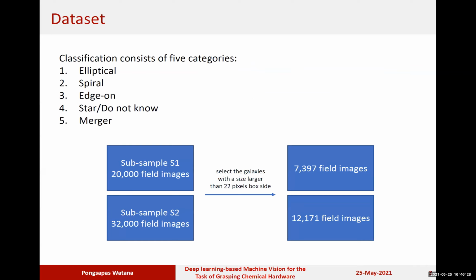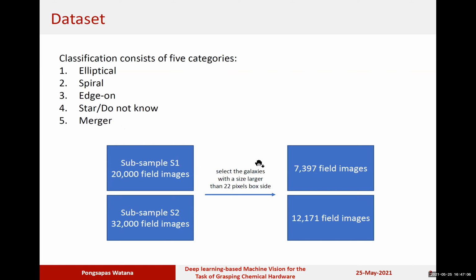The objects of interest were classified into 5 categories, based on the shape of the galaxies. They classify into elliptical, spiral, edge-on, do not know, and merger. Those data were obtained from 52,000 field images, and they were split into subsample 1 and 2.